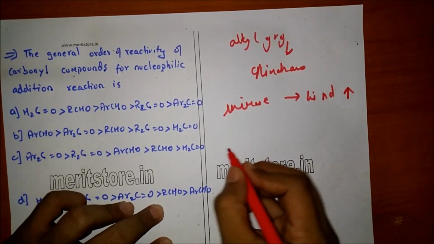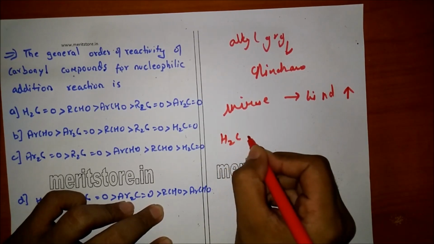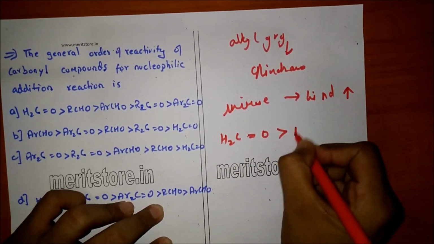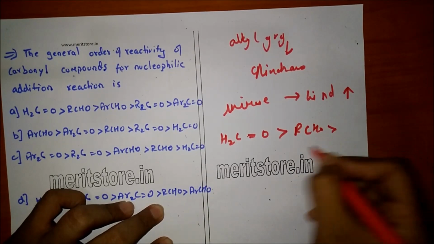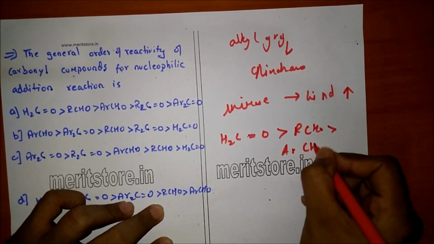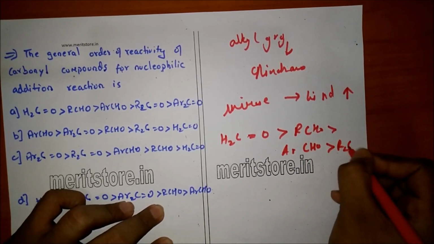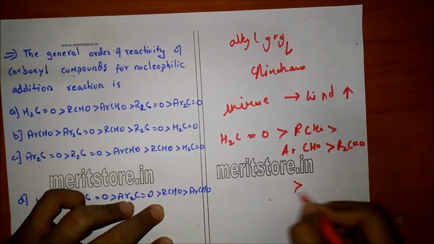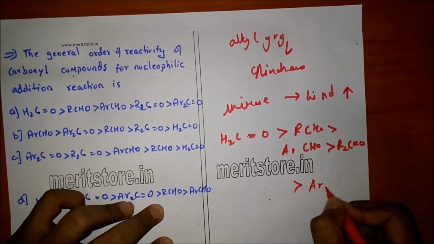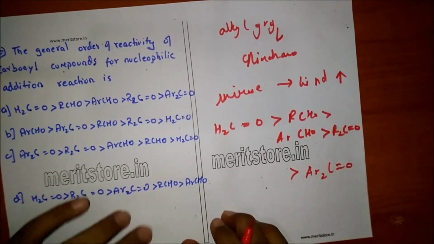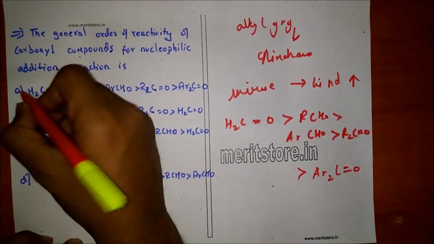Thus, the reactivity follows the order CH2=O is more than an aliphatic aldehyde, is more than an aromatic aldehyde, is more than R2C=O, a ketone, is more than an aromatic ketone. Therefore, here the correct answer is option A.